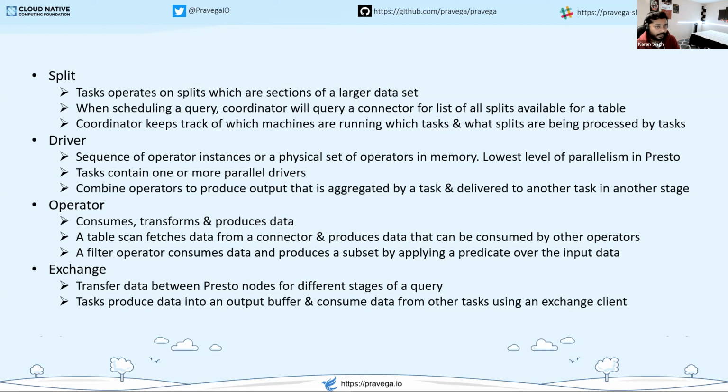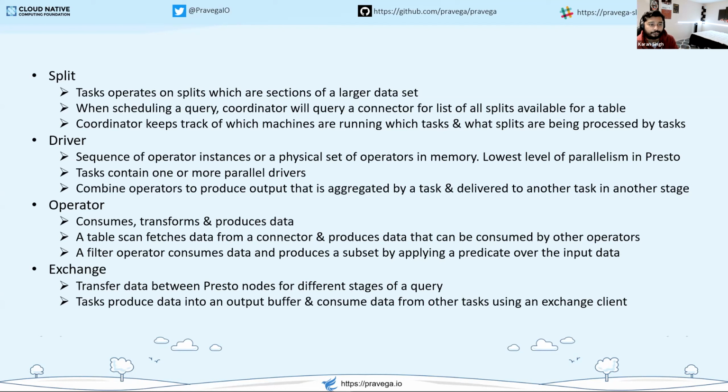Similarly, a filter operator consumes data and filters it, that is, produces a subset by applying a specific predicate, which is specified in the query, over the input data, where the input data can be a small section of a larger data set, that is a split. The filter operator then applies a predicate over that input data on a particular worker node where it is being processed.